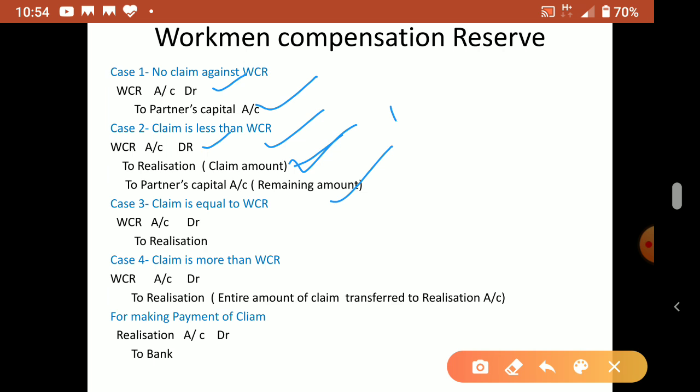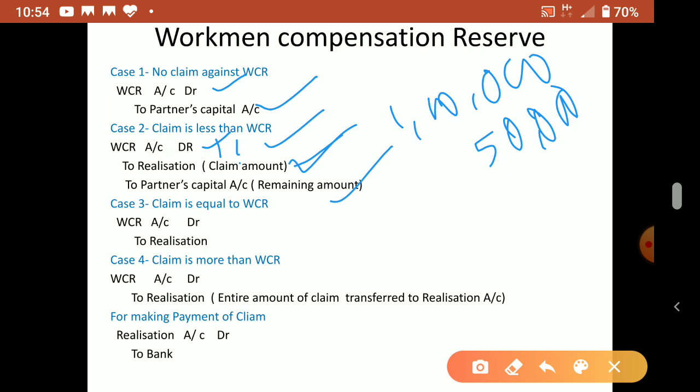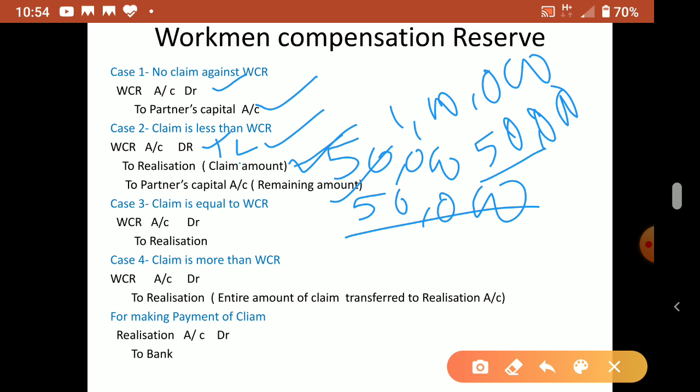Suppose WCR is 1 lakh, example we'll discuss next, and the claim is only 50,000. What will we do? WCR debit 1 lakh we write here, realization account, what is the claim, 50,000. So in realization 50,000 will go, and the remaining 50,000 the partners will share, understood. Okay, so equal to the claim amount goes to the realization account.